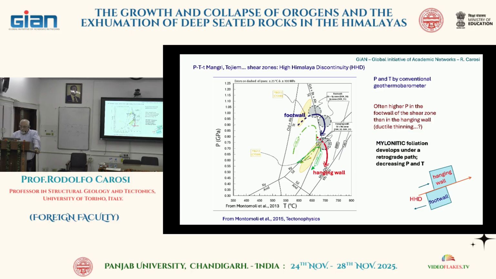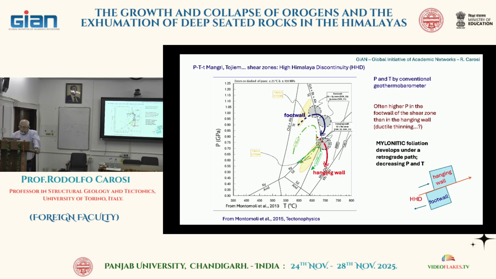Another feature that we found in this kind of shear zone is that the PT conditions of the footwall are always a little bit higher in pressure with respect to the hanging wall. So there is a difference of 2, 3, maybe 3 kilobars between the rocks below and the rocks above.